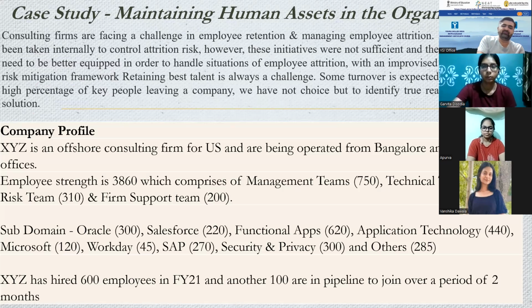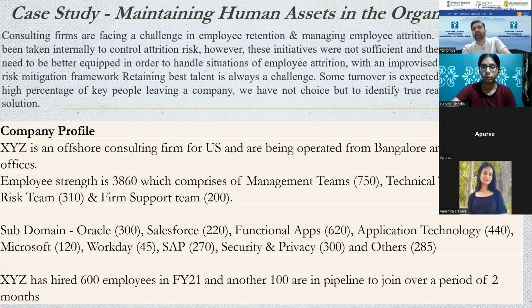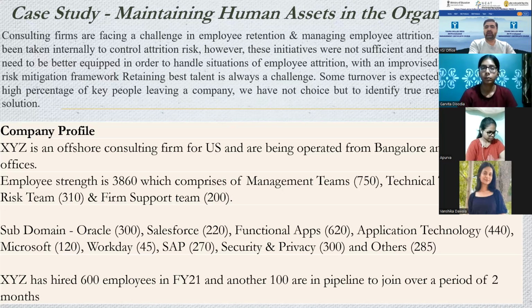It's a case study of a consulting firm which is talking about employee separation and hiring and other difficulties, right? So in our language, we call it attrition. The case study goes like this: consulting firms are facing difficulties and challenges in employee retention.